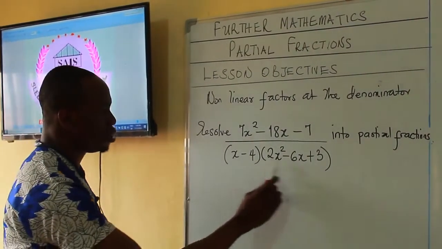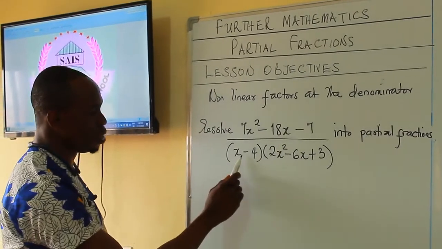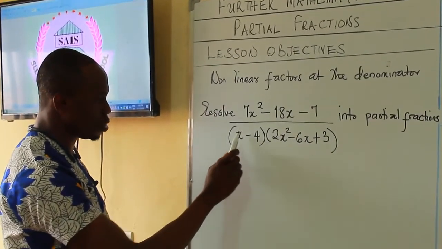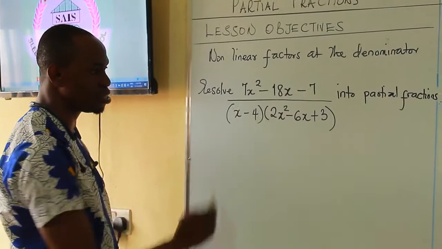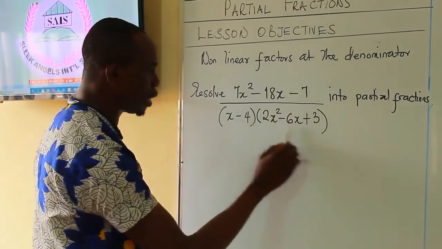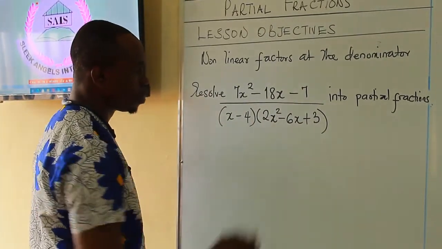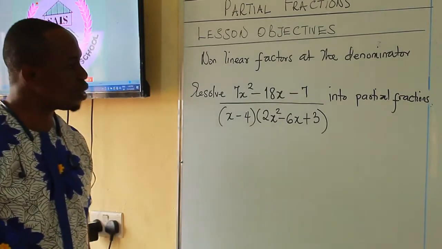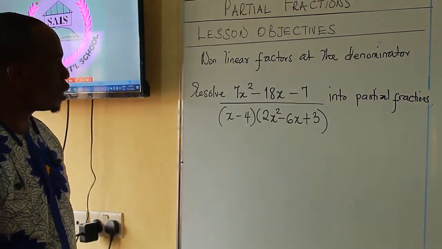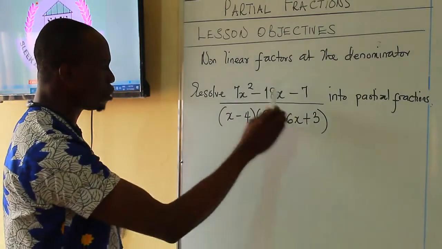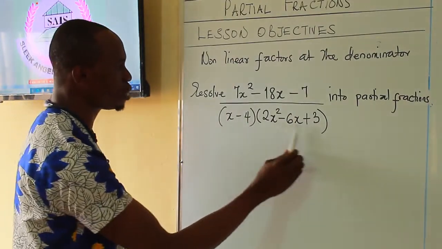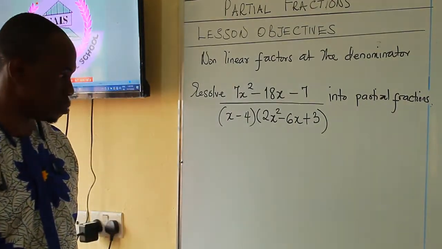Look at the nature of this denominator. You can see that one of it here is a linear factor because the highest power of x here is one. But this other denominator has 2 as the highest power of the x variable. It means that this compound fraction is made up of a quadratic function as the denominator.